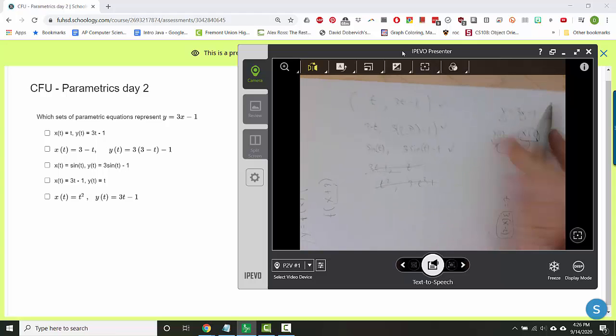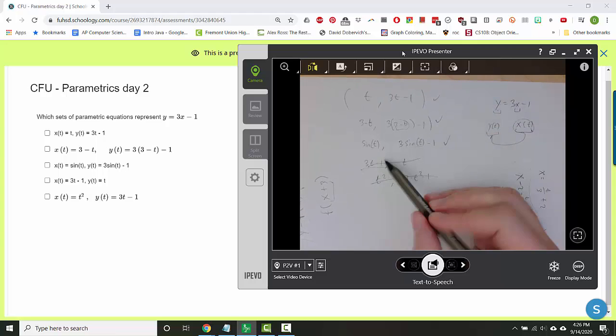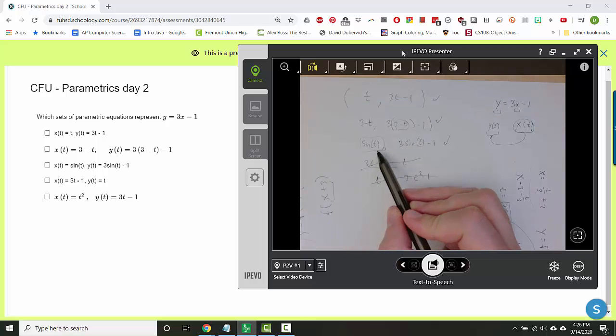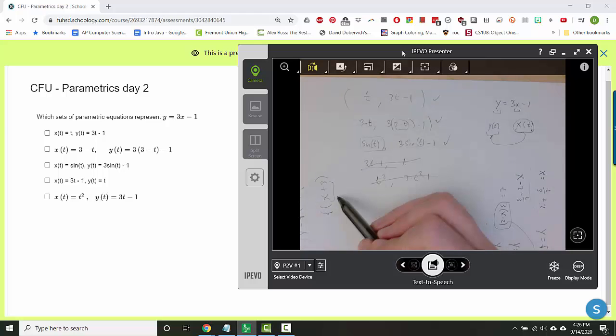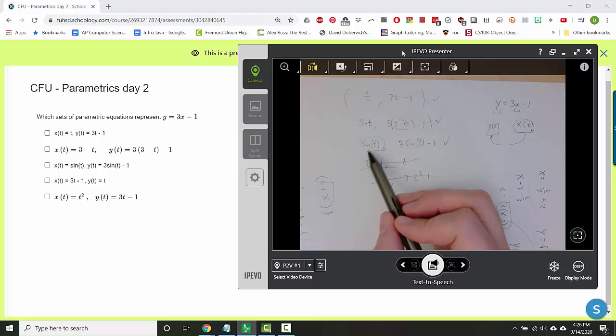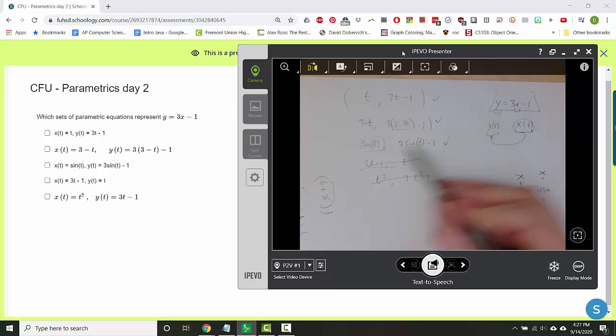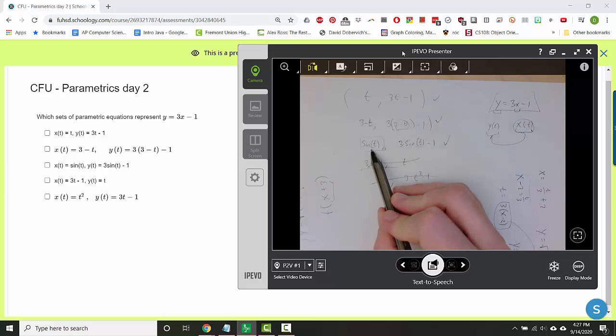So something that we'd also talked about was if your function for x, if the range doesn't cover all real numbers, then that means that you're never going to visit some x values, which means that you're imposing a domain restriction on the Cartesian path here. So like this one, for example, sine is never larger than 1 and it's never smaller than negative 1.